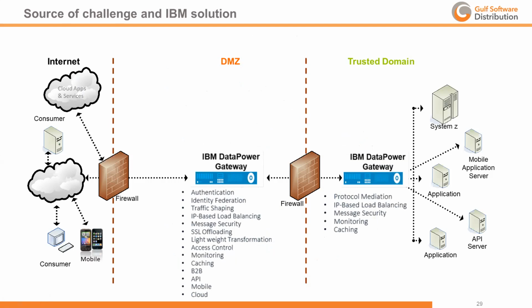And regardless of wherever it is placed, there can be multiple different use cases which can be implemented within IBM DataPower Gateway, as listed on the presentation slide that you're looking at. So basically, when a message reaches a backend system, you are pretty sure that the message has been authenticated, is adhering to the SSL rules that are set by the organization, and any load balancing or protocol mediation rules which are set at the DMZ level have been taken care of.